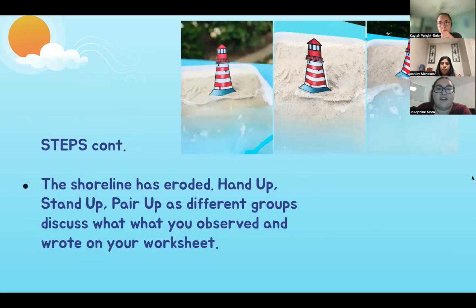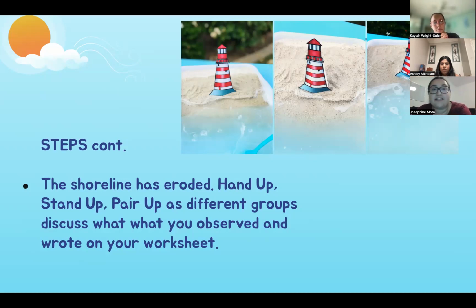At the end of this part of our activity, we are going to stand up, hand up, and pair up with someone from a different group. It's not going to be somebody from the group that you did the activity with. Look around at the other people at the different tables, find one of those friends, and discuss: what did you see?